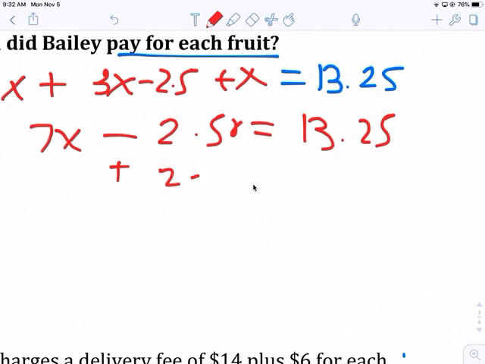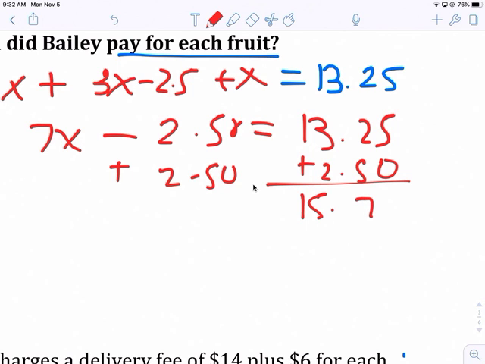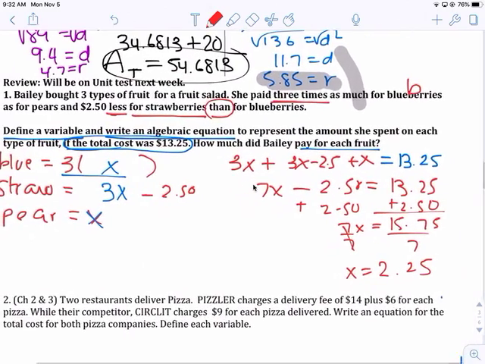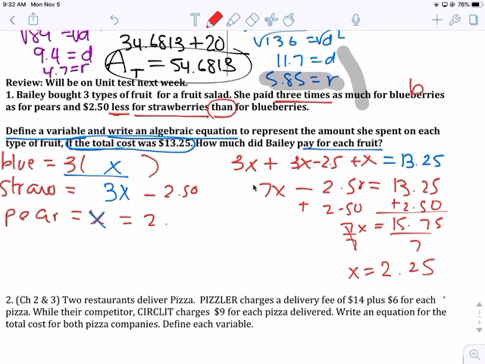Add 250, you get 1575, and 7X, divide by 7. You get X is $2.25. So she spent $2.25 for pears because X represents the pears.